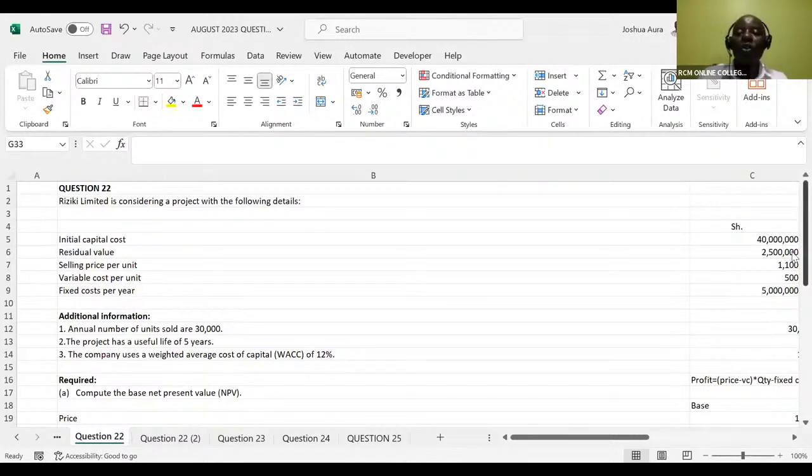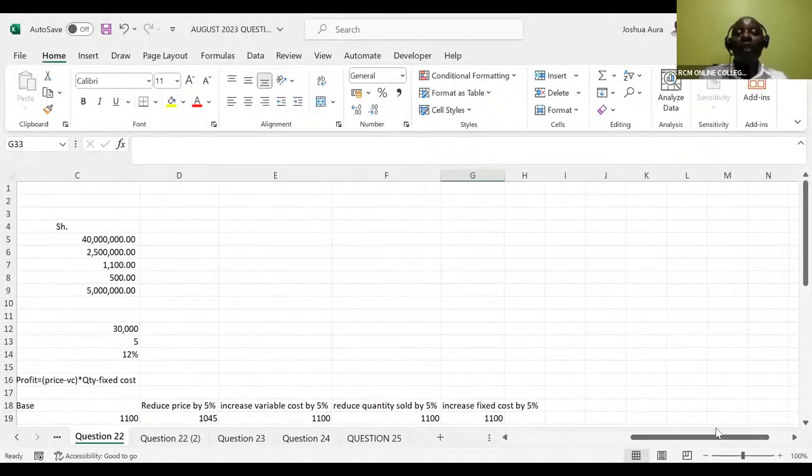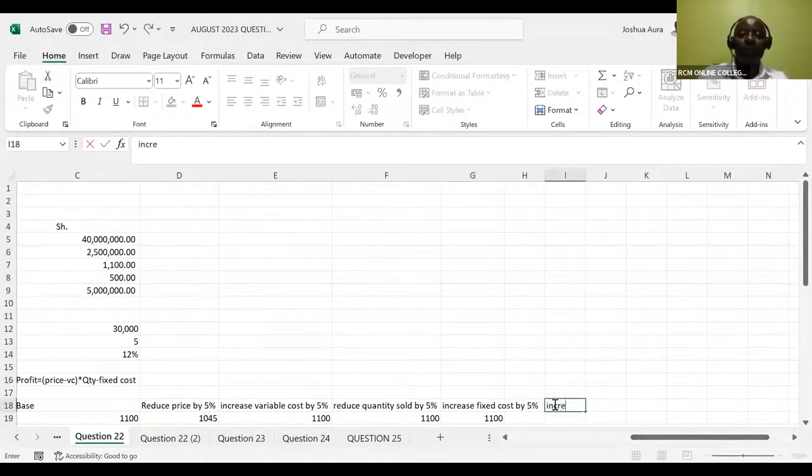So initial cost, initial capital is a cost. If it is changing, it has to increase. So come here and increase initial cost by 5%.